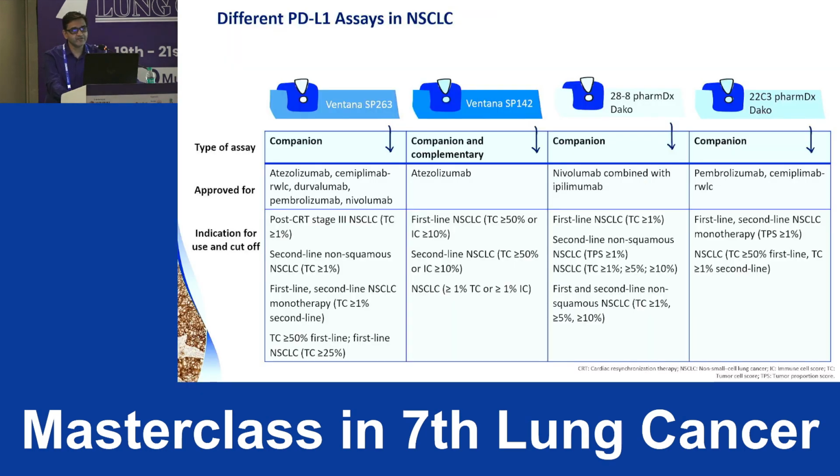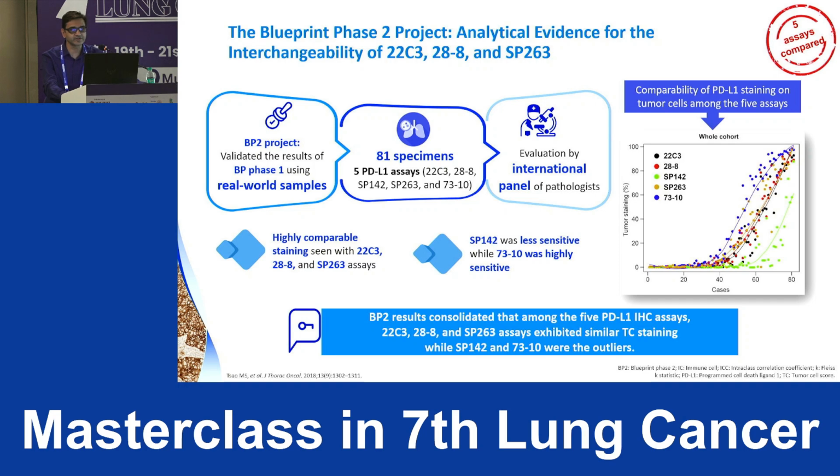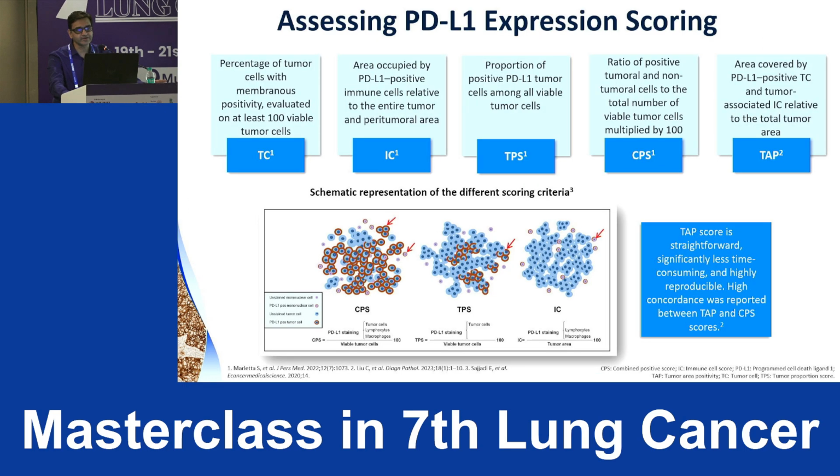So we now have at least four common assays for PD-L1, out of which Ventana SP263 and DAKO 22C3 are commonly used. Why are they being used? Because the Blueprint phase 1 and phase 2 studies showed good concordance between these two assays, and subsequently some further studies showed that SP263 and DAKO 22C3 can be used reliably, and they are considered as good as companion diagnostic assays.